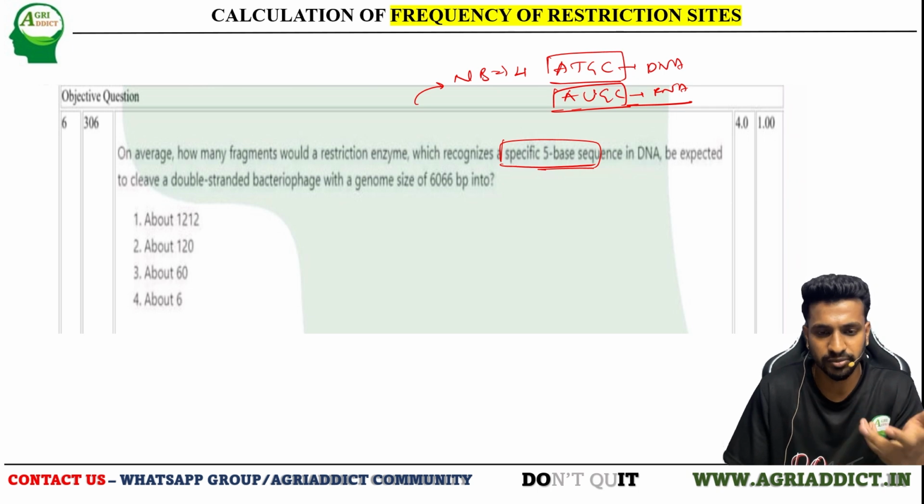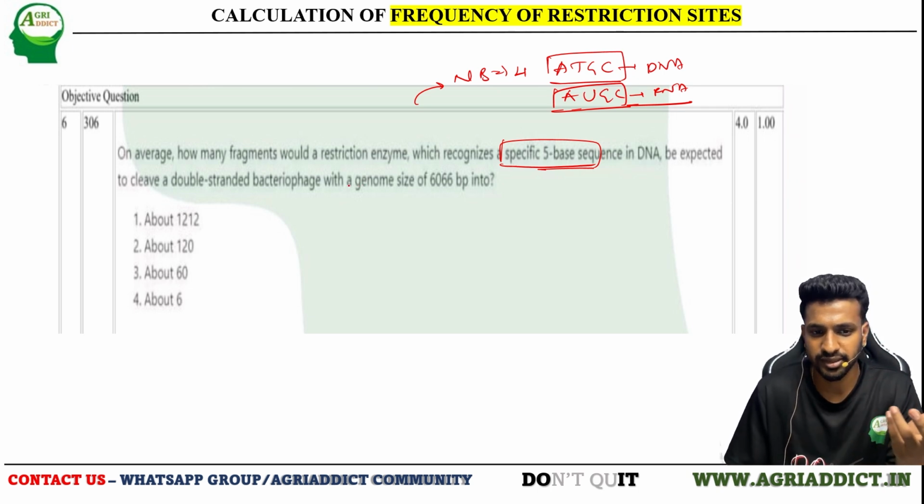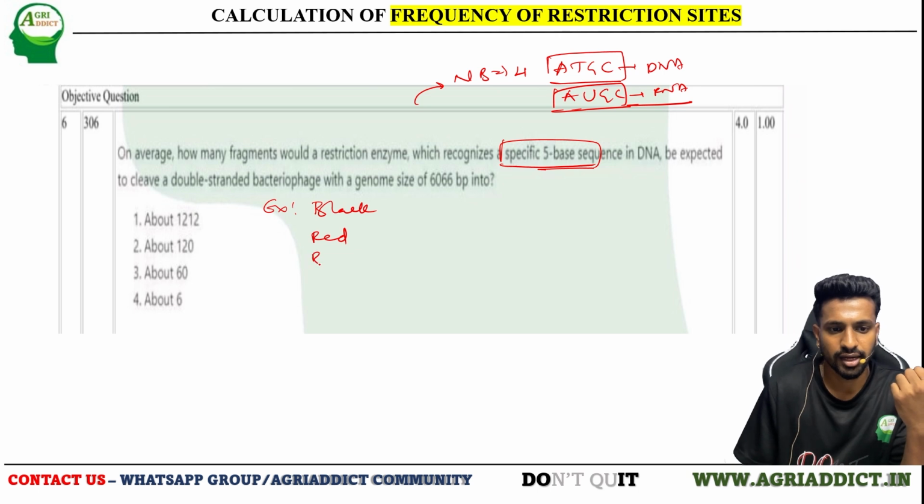To make you understand, let me give an example. Consider there are 4 different colored balls: a black ball, a red ball, a brown ball, and a green ball.